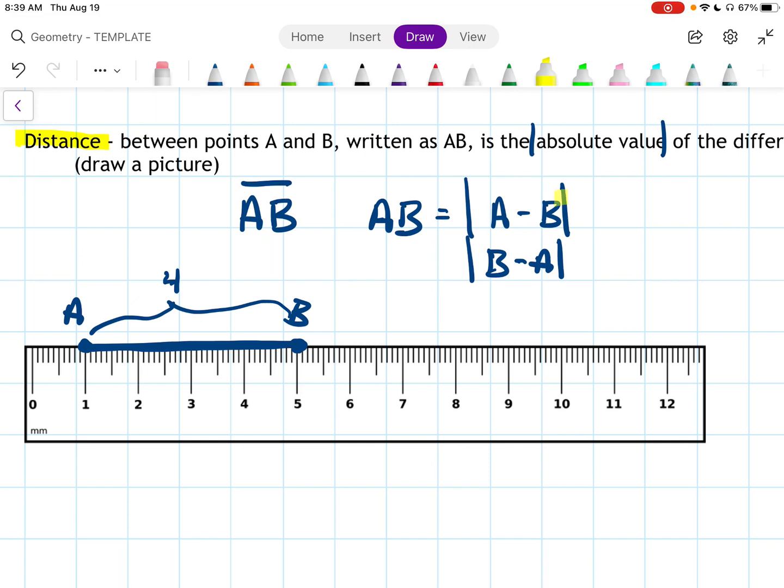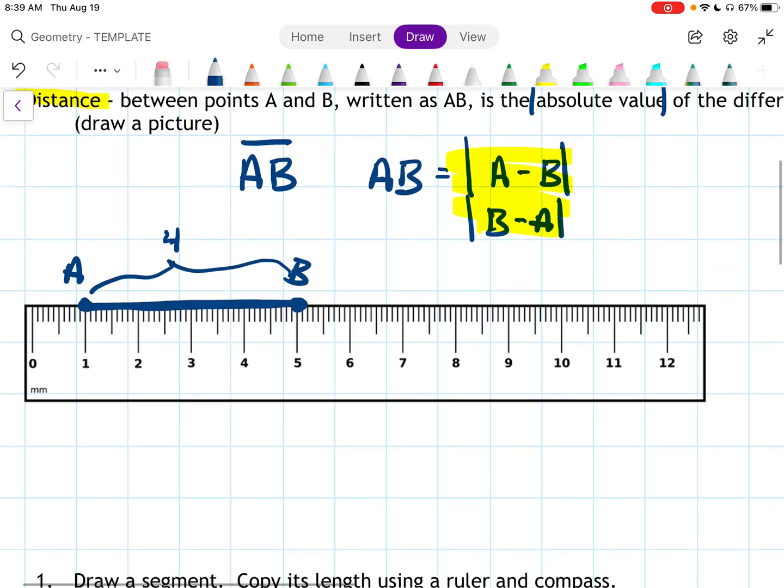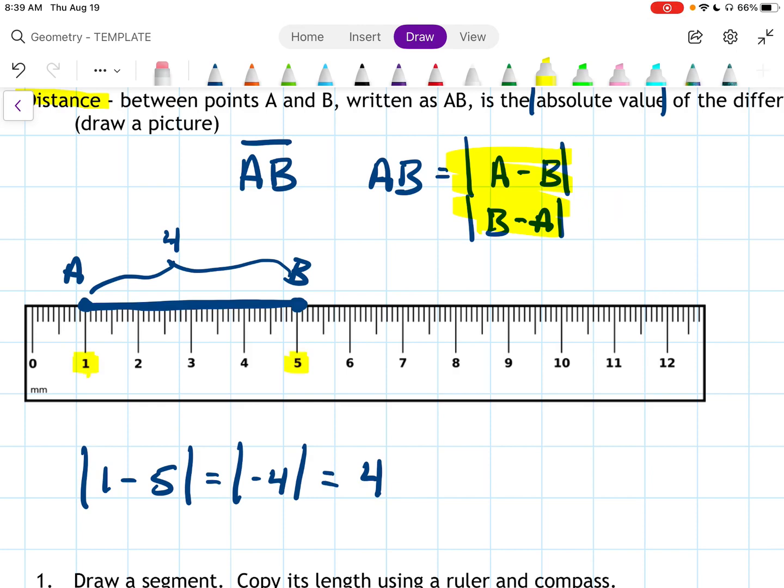Now I want to talk about this piece here with the absolute value, because sometimes that can be kind of confusing. The way that that comes into play is we can say that this is either the absolute value of 1 minus 5, which is the absolute value of negative 4, which is just plain old 4. And what I did there is I took the 1 minus 5, or you can do it the other way around.